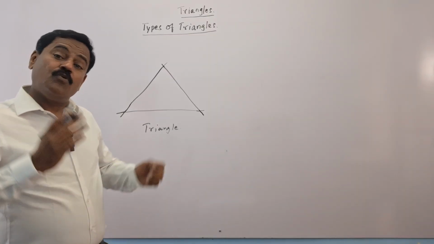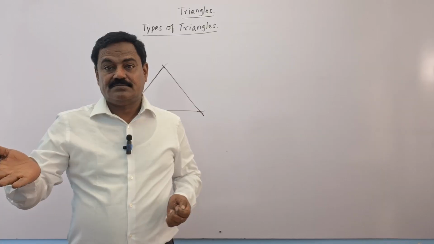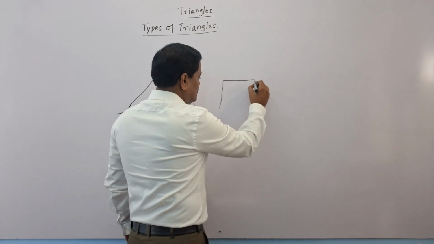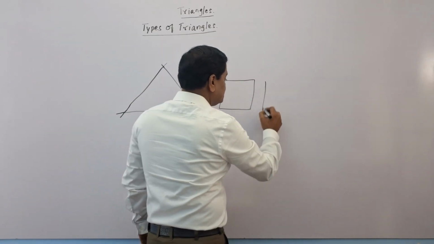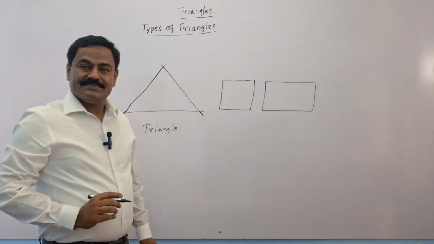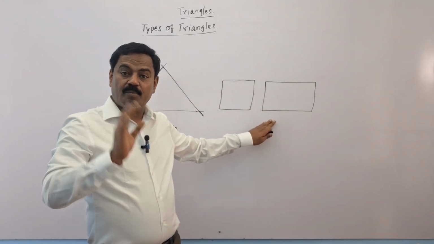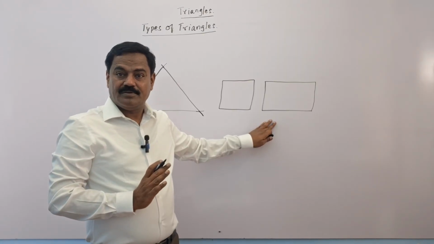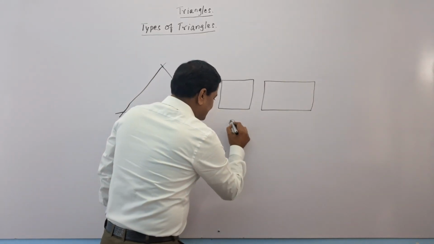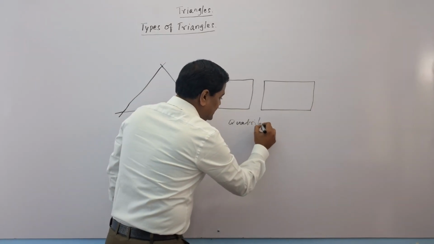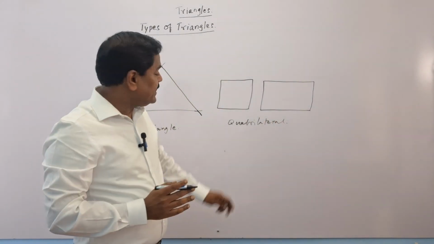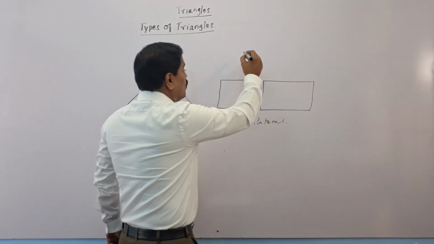So when four lines are intersecting and forming a shape, what is the name? For example, take a square and a rectangle. Here four lines are intersecting and forming a shape, which is called a quadrilateral. One more example I can give you for the quadrilateral is a rhombus.